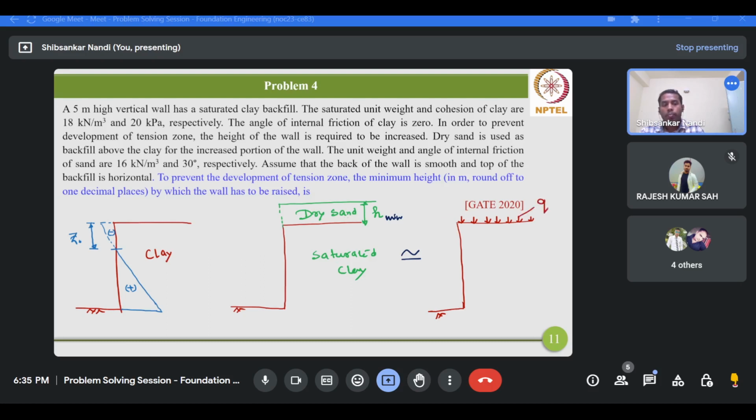So this value is Q, and this Q is nothing but gamma times H minimum. Okay, gamma is the unit weight of the dry sand, and H minimum is the thickness of the dry sand. We know the unit weight of the dry sand as 16 kilonewton per meter cube. We have to just figure out the H minimum value so that the pressure at this interface, or at the top of the saturated clay, should become 0.